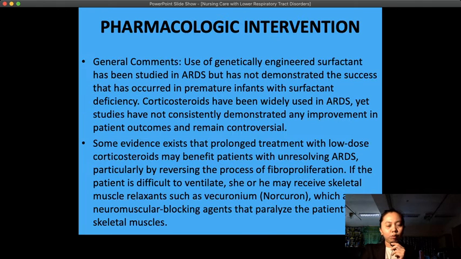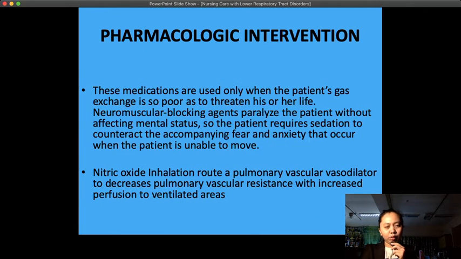Okay, so pharmacologic intervention, you may just read that on your own. Naturally, we will have the corticosteroids kasi there is ARDS. So ang aton mga medications liwat is for the relief in the lungs. And you also had that in your pharma.